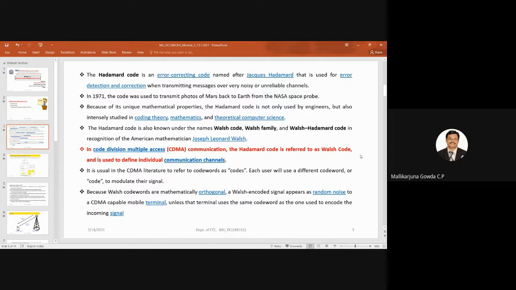Fine. So at least as of now, keep in mind that the Walsh code or Hadamard code is referred to as Walsh code in CDMA, and the purpose of this is to define the individual communication channel. I stress this: depending upon the length of the Walsh code, I can say how many channels this particular system can have.